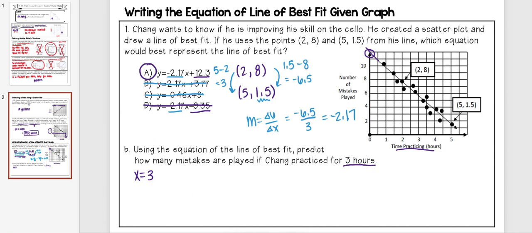So doing that, I have y equals negative 2.17 times x, which is 3, plus 12.3. Well, negative 2.17 times 3, I get negative 6.51.